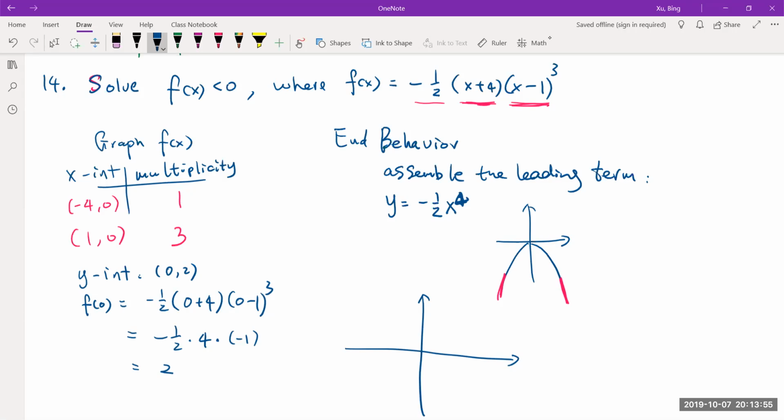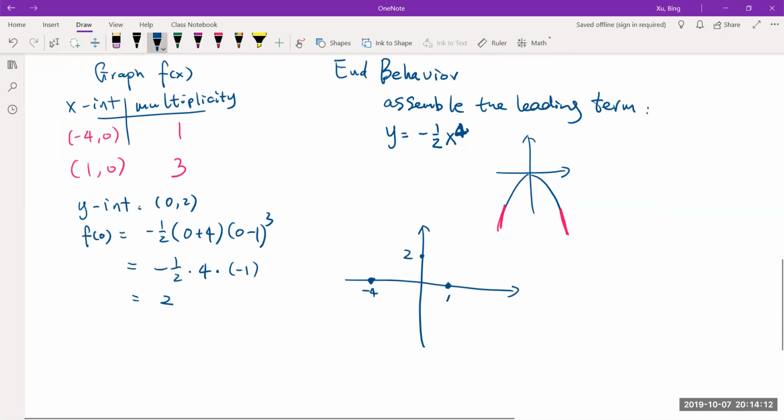So first x-intercept, negative 4, let's say here, 1, let's say here, 2 x-intercepts, and the y-intercept, which is 2. So 2 is here. All right, and then using my end behavior, my end behavior will be like this, right? Like this. All right, so starting from here, going up, somehow I have to touch this negative 4.